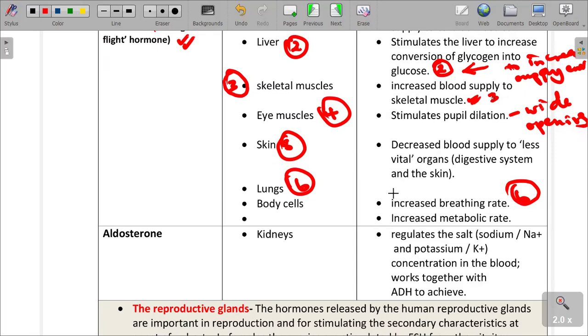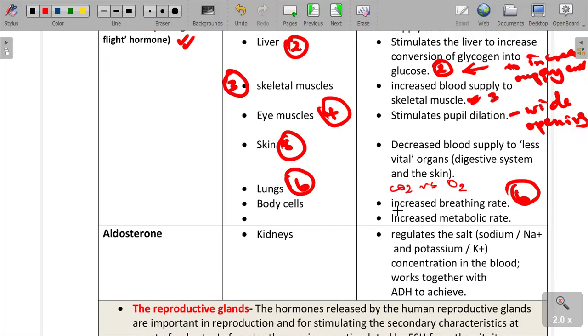The breathing rate increases the taking in of oxygen and the release of carbon dioxide. This has to do with carbon dioxide versus oxygen balance. The lungs have to cause an increased breathing rate so that we can have more oxygen taken in and carbon dioxide being released.